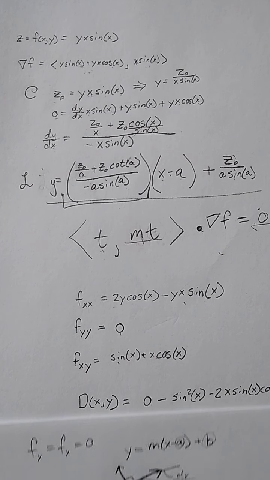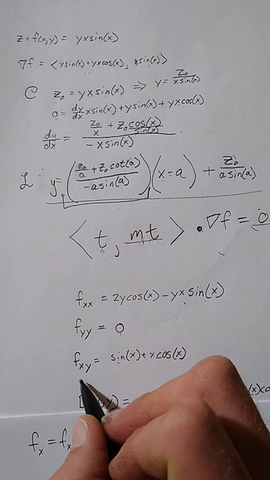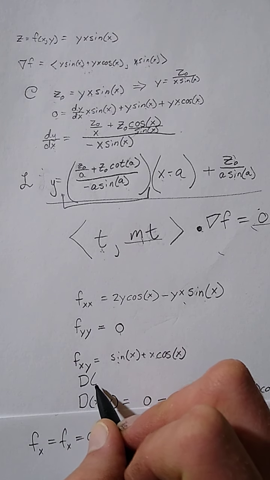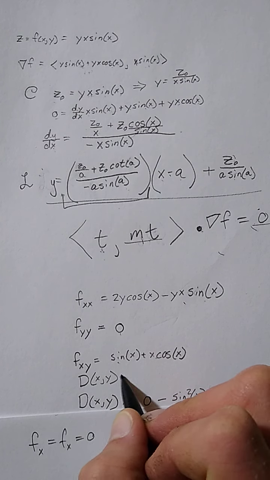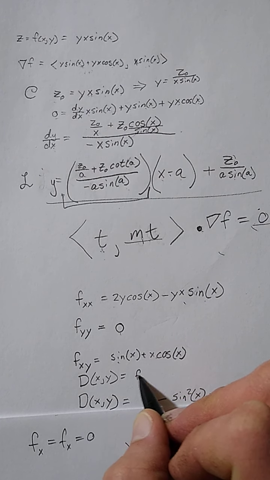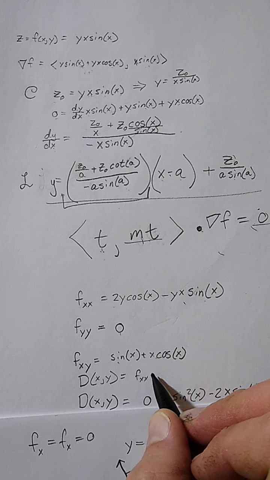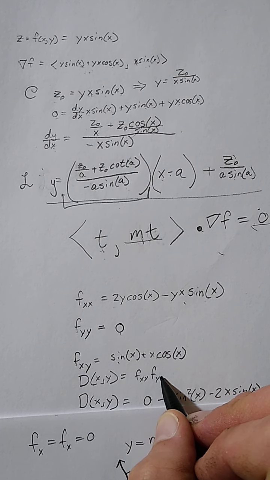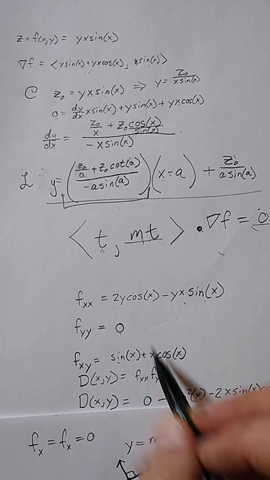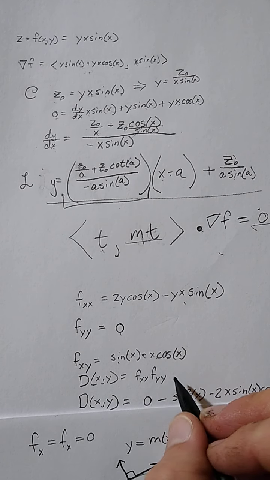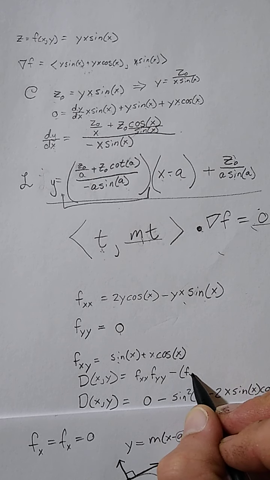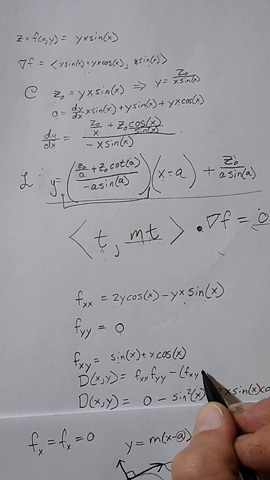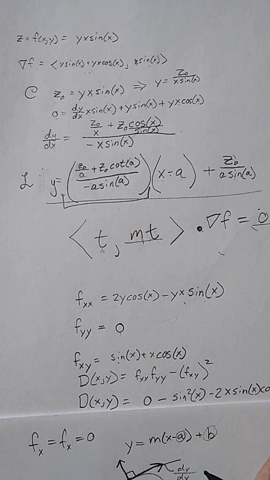Check. So then plugging that into D, where remember again the formula for D of x and y equals fxx times fyy. This part fyy is just 0, so that's 0. And then minus fxy squared.